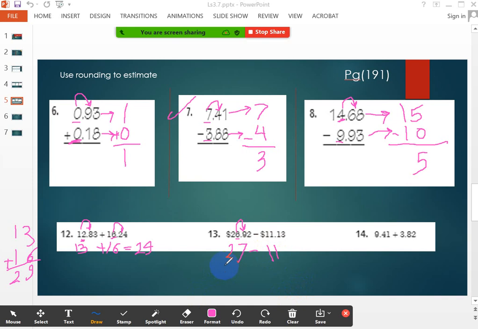Yes. Now 27 minus 11. Can you tell me the answer? 27 minus 11. Yes, let us find the answer. 27 minus 11 vertically like this. 7 minus 1 is 6. 16, teacher.